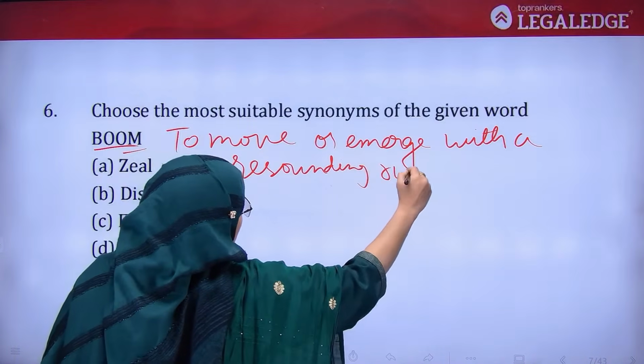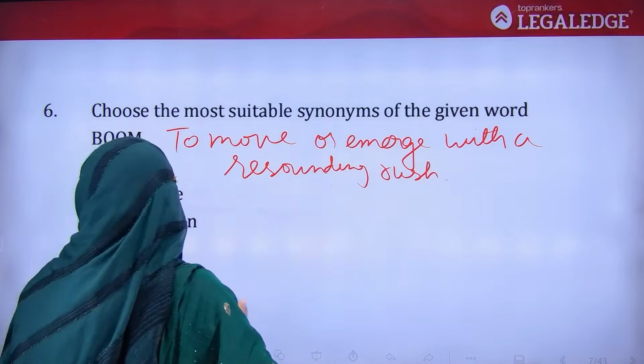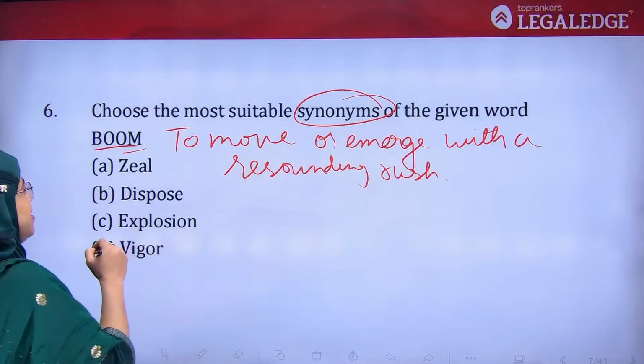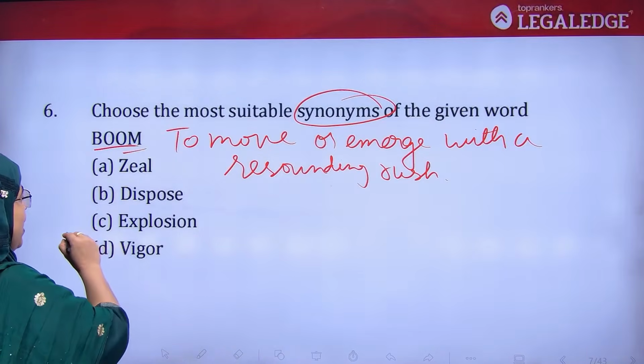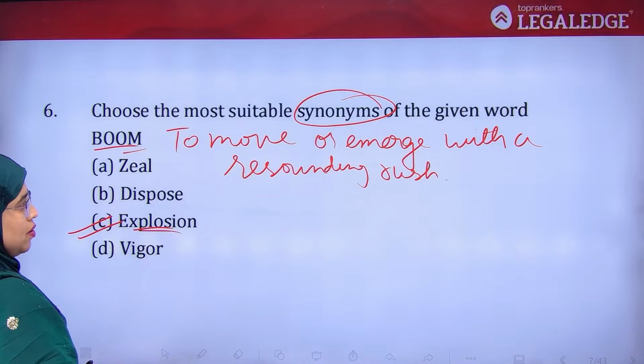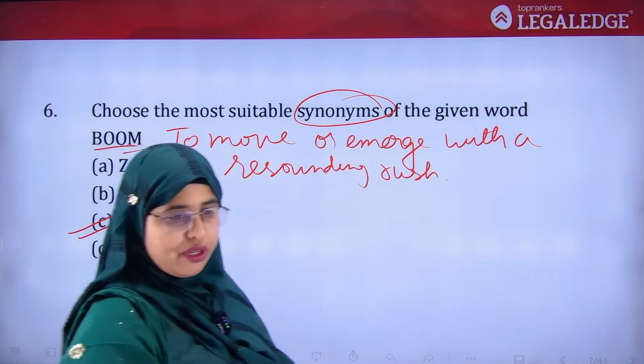Boom, resounding rush. We need to identify synonym, that means similar words. So, explosion, because it has that resounding rush, explosion. So, obviously, C should have been the correct answer choice for this particular word.